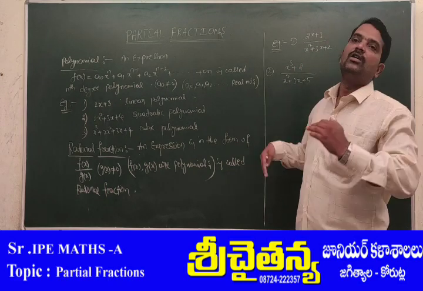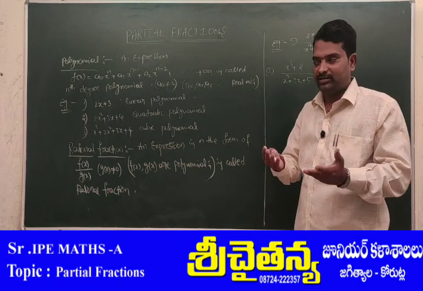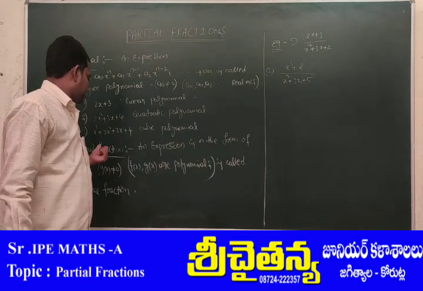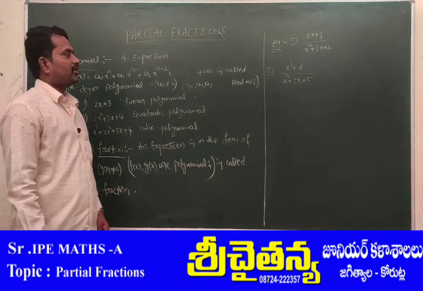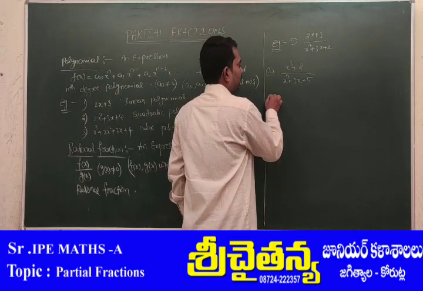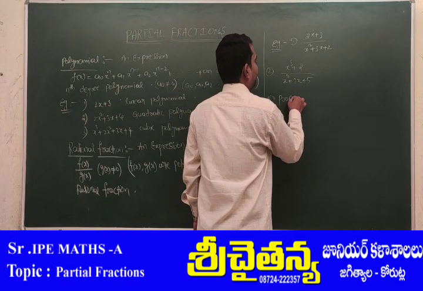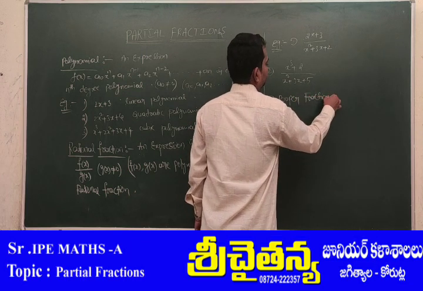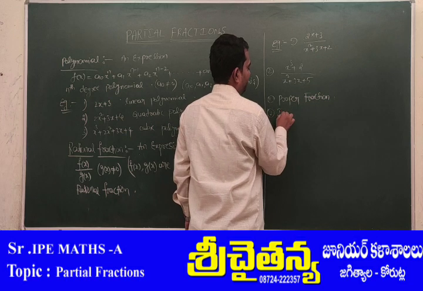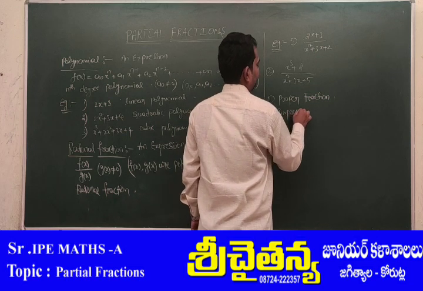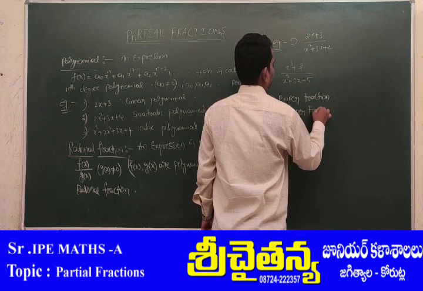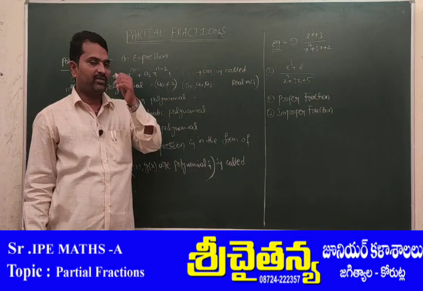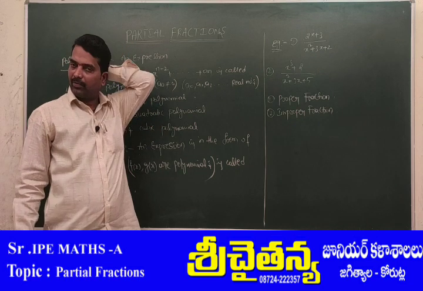Rational fractions are of two types: one is the proper rational fraction, and the second one is the improper fraction.